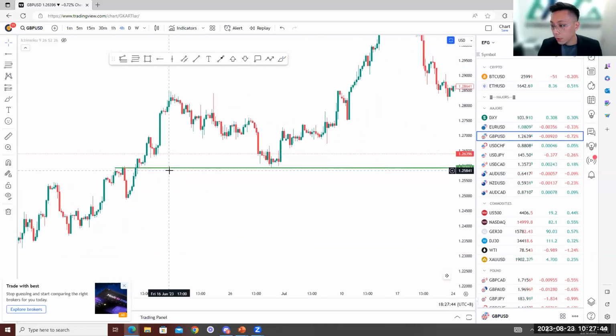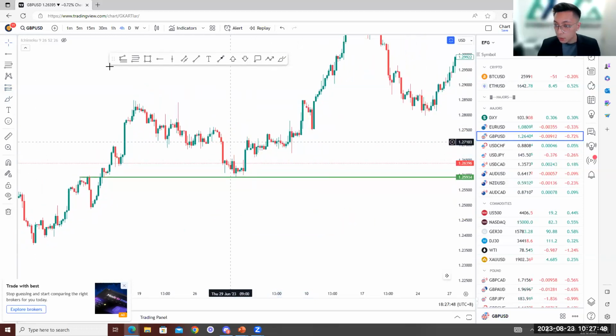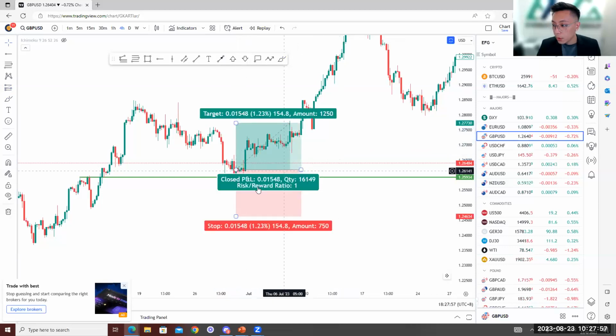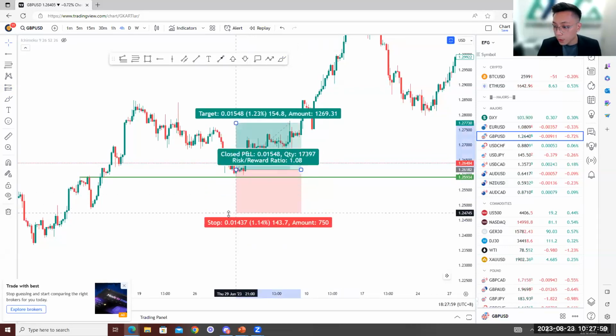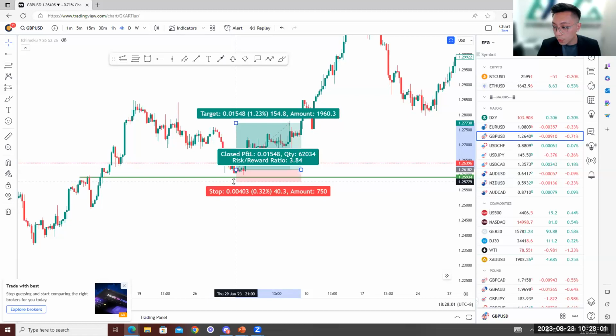Okay, let me just refine it. All right. Then now price is becoming a pullback support area right here. So we are essentially looking for a buy, right? And your stops could be either below this area.